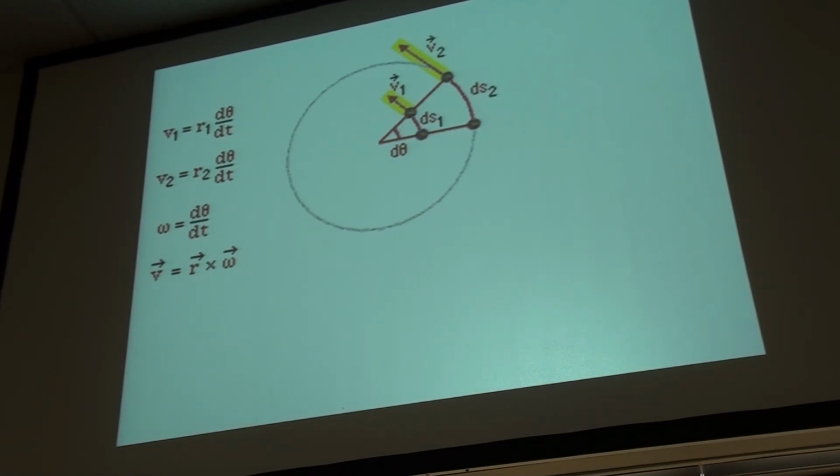So if r changes, then v changes by the same amount, so that omega stays constant even though the tangential velocities would change from point to point on a rotating object. And so there is an actual directional quantity that is associated with omega, and we can consider that to be our spin axis.